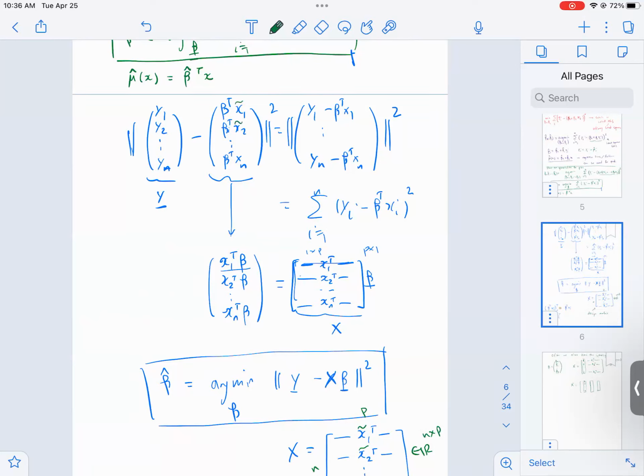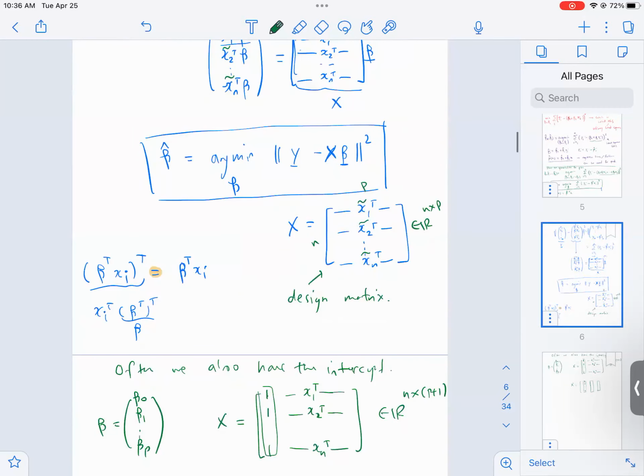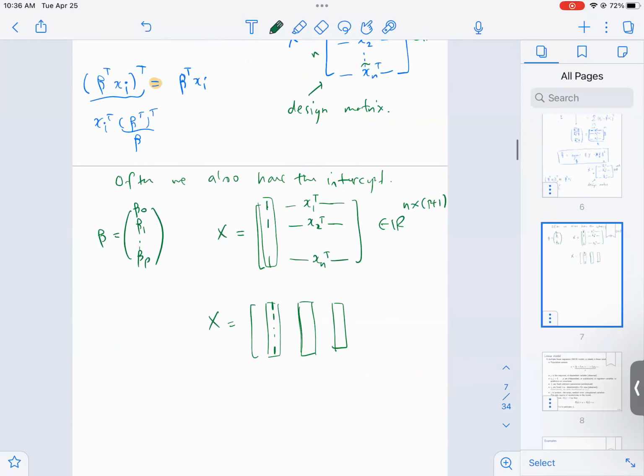The unfortunate thing is you have to do tilde everywhere, because the rows I'm going to represent with tilde, and the columns without the tilde, because the columns turn out to be more interesting for us. So I'm going to write it as x1 up to xp.